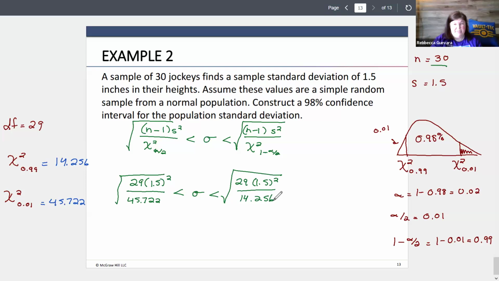Right, so just always bear in mind that what we need in there is not the standard deviation. We need the variance, so we can't use s as 1.5. We need the s squared. So we're doing the square root of 29 times 1.5 squared divided by 45.722.